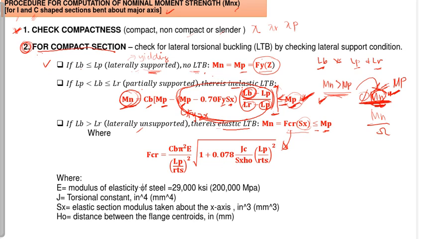So, yung E natin, modulus of elasticity, torsional, yung Sx, yung ho. So, alam naman ninyo lahat ng variables na yan. So, alam ninyong i-solve. So, pag alam nyo yan, substitute nyo lang dito sa equation to solve for the value of Fcr. And then, i-substitute yung Fcr dito, makukuha na nyo yung nominal moment. So, yung nominal moment should not exceed our Mp. Okay?